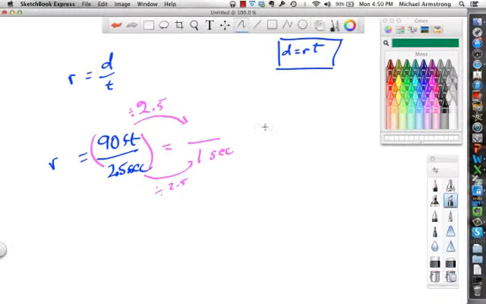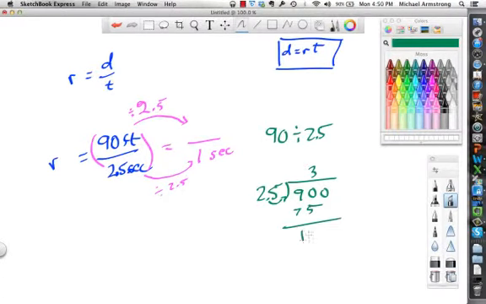I think you guys know that. You should. So you can punch in 90 divided by 2.5 on your calculator, or you can do 2.5 into 90 and move the decimal so that it's 900. And 25 goes into 90 3 times. That's 75. That leaves 15. Bring down the 0. That's 150.